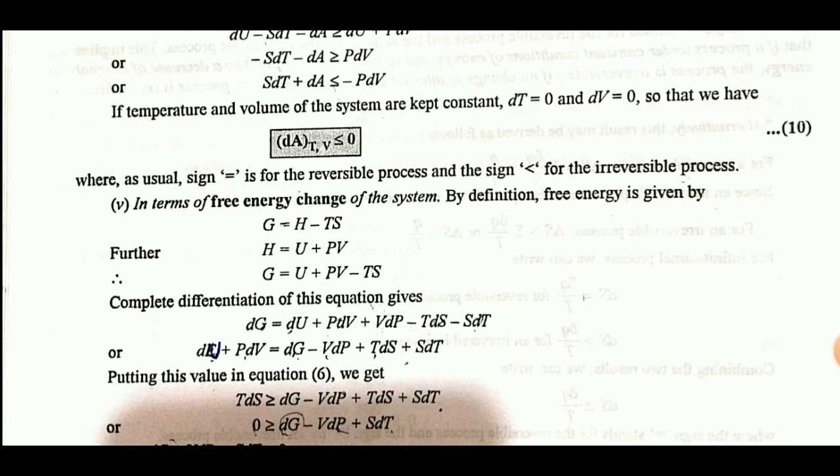Fifth, in terms of free energy change of the system, by definition, free energy is given by G is equal to H minus TS. Further, H is equal to U plus PV. Therefore, G is equal to U plus PV minus TS. Complete differentiation of this equation gives dU plus PdV is equal to dG minus VdP plus TdS plus SdT.